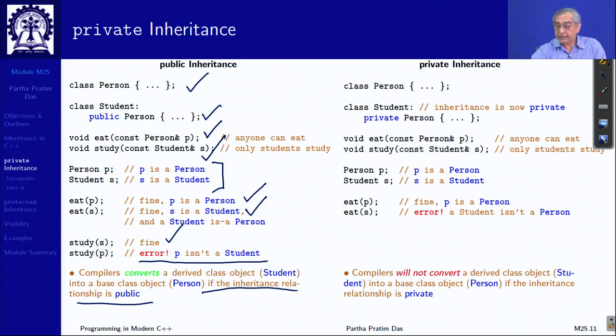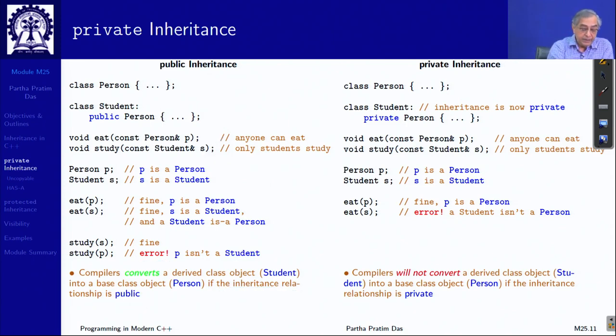That is the reason that eat expects a person, but it is okay to pass it a student. Again, remember, eat is expecting a person, and student is a specialization of person. So, student has as its part a person base class component, which can be passed on here, and the eating habits can be checked out.